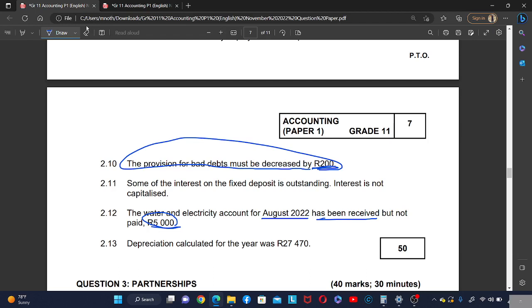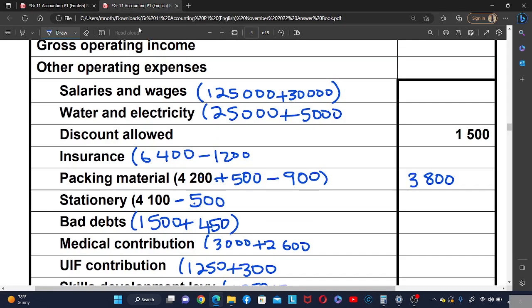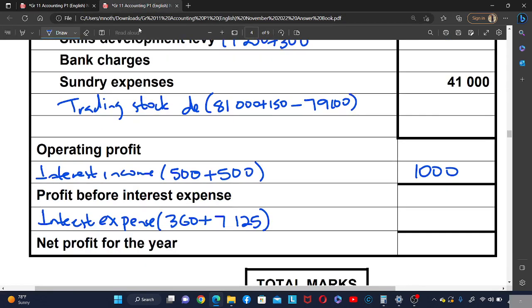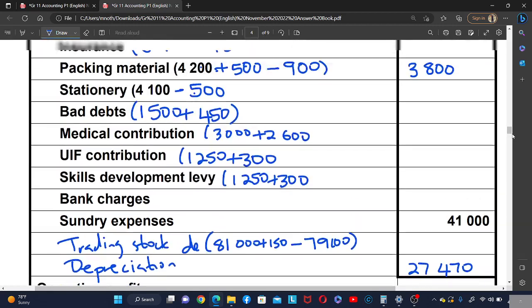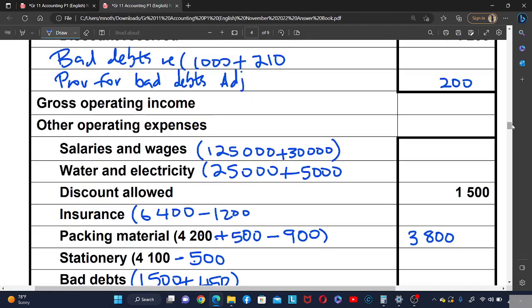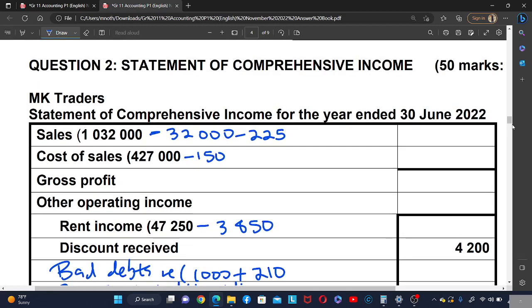And then we have a depreciation calculated for the year of 27,470. This is a depreciation. Right? So now we just have to do the calculations.